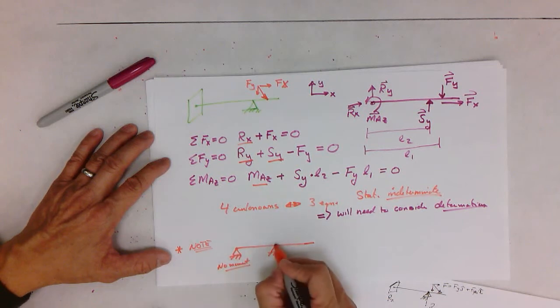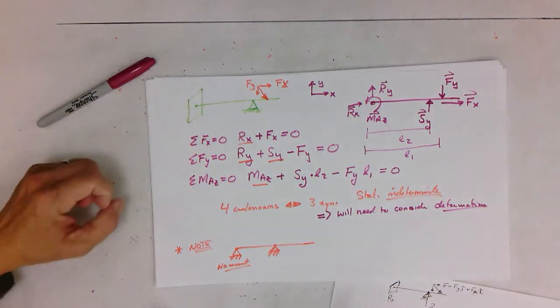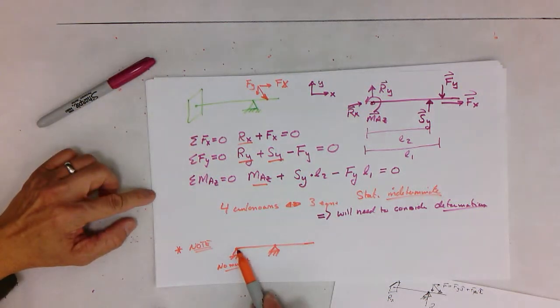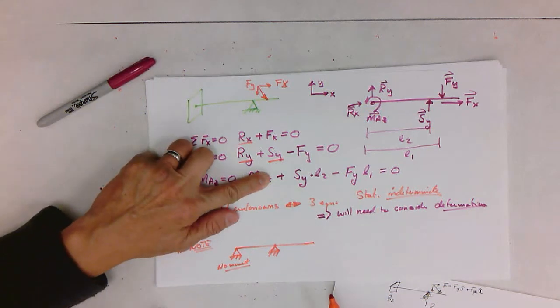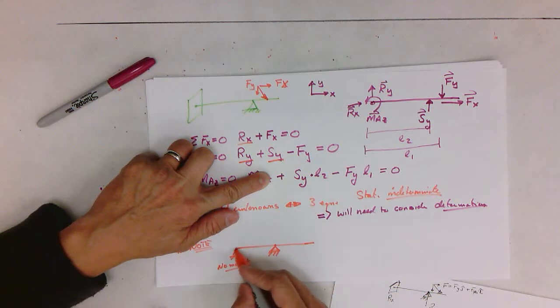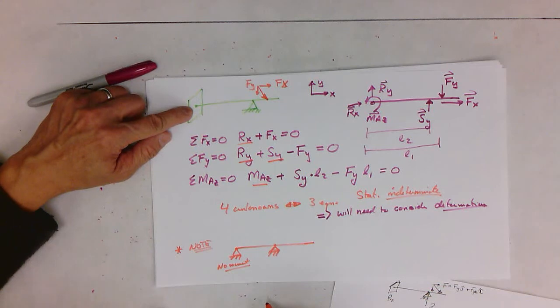All right, so we're changing the problem. This is a different problem now. We've removed the moment, the magic hand that the wall is holding on to the end of this. If we reduce that, then we reduce the number of unknowns to 3, and then we're able to solve for the 3 unknowns. So by reducing the constraint at the wall, we go from an indeterminate problem to a determinate problem.